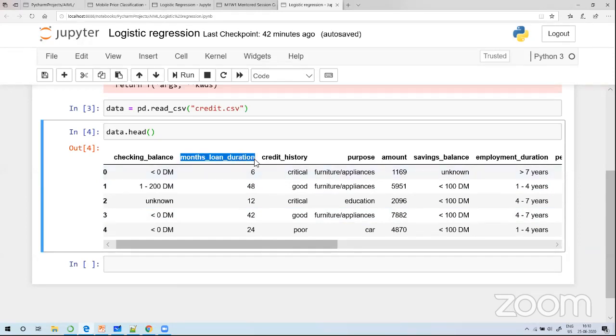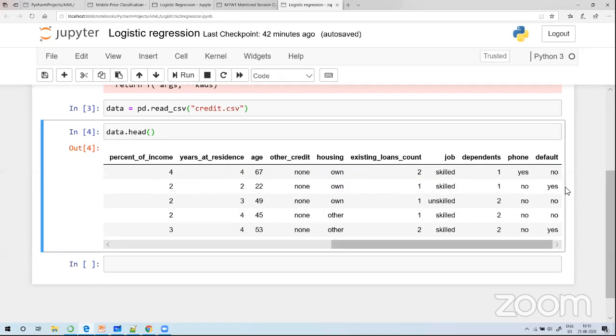Let's take duration of the loan. Duration of the loan is an input variable and default is a target variable. Now, do you think duration of the loan will have any impact on a person paying up the loan or defaulting on the loan? Yes, of course. How?